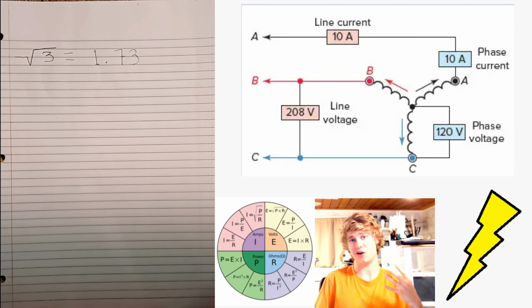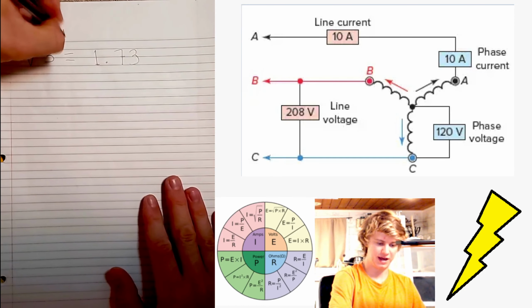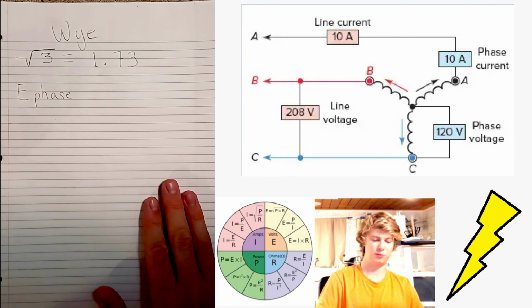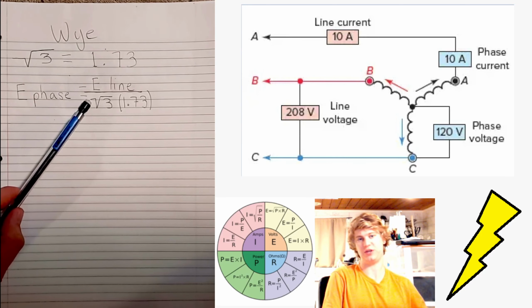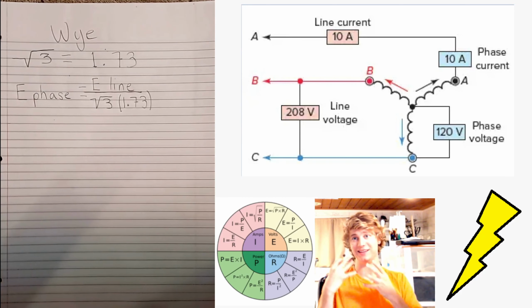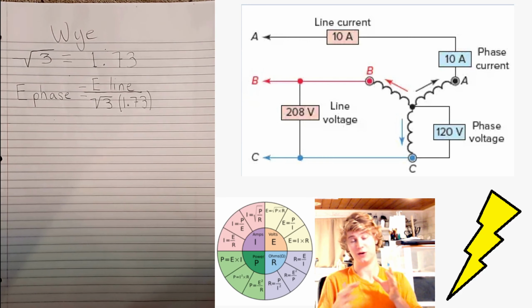This is basically the only number that you need to memorize for Y and delta configurations. So we're looking at Y connection right now. We need to comprehend that phase voltage is equal to line voltage divided by the square root of 3, which is 1.73, but it's good to remember that it is the square root of 3.